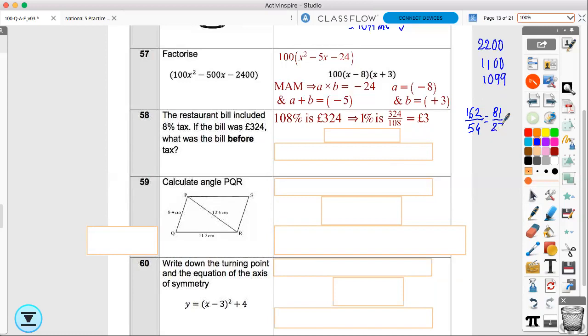And now 81 is in the 9 timetable. So it's 9 and 3, and that's you. The only thing we needed to know here is the 2 timetable and the 3 timetable. And the 9 timetable, sorry. And the 3, obviously.